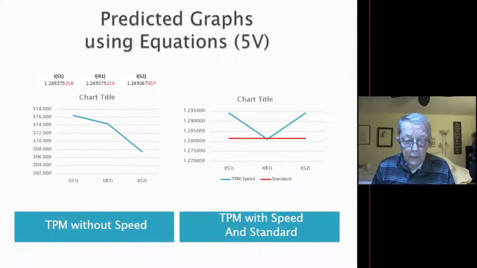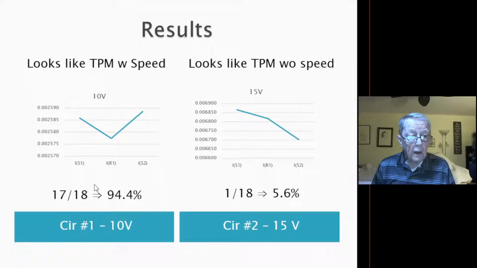So what were the results? Out of the 18, 17 of them showed up with V-shaped curves. One of the 18 showed up, this is what it shows, and it certainly looks like TPM equations here without the speed. That is very straightforward. I find it odd, however, that 17 follow one pattern, and this one is the odd man out, so to speak.